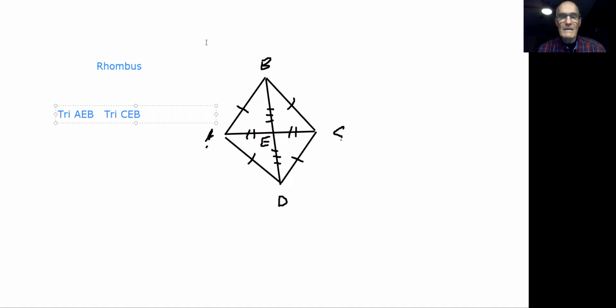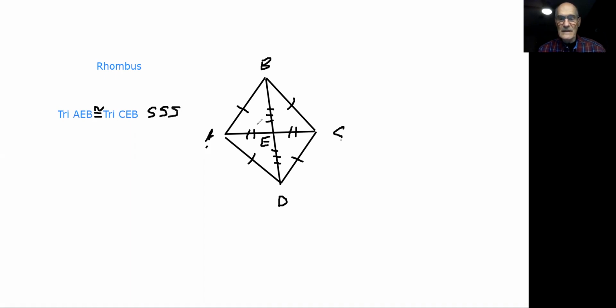What I've got here is sides equal, sides equal, and sides equal. So these two triangles are congruent by side, side, side.